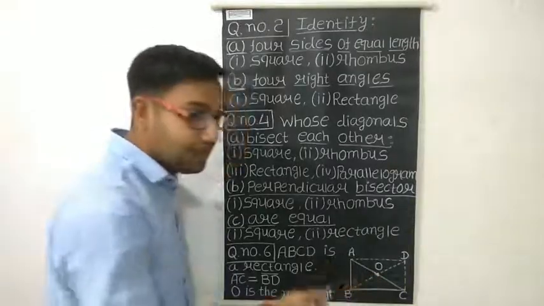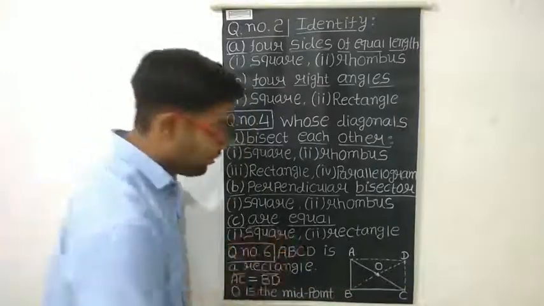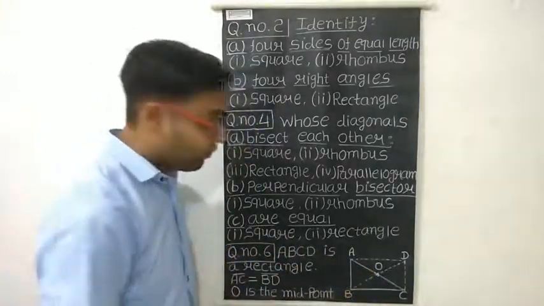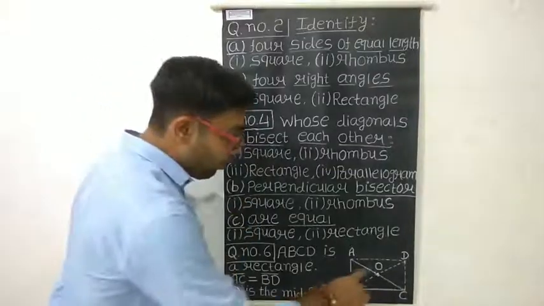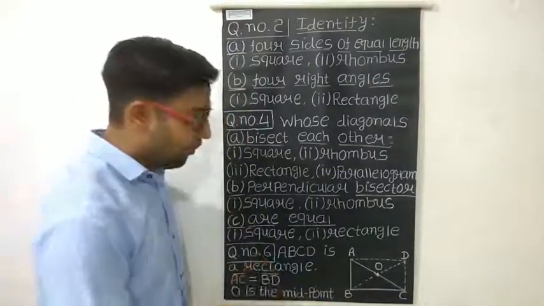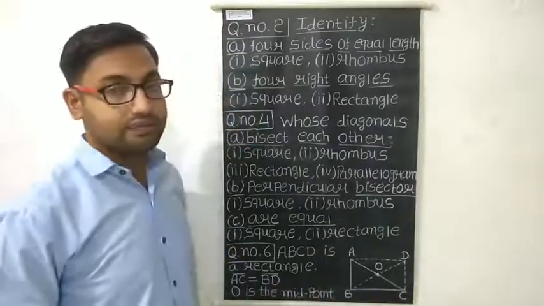So OA is equal to 5 centimeter, OC is 5, OB is 5 and OD is equal to 5 centimeter. So O is equidistant from all the points A, B, C and D.